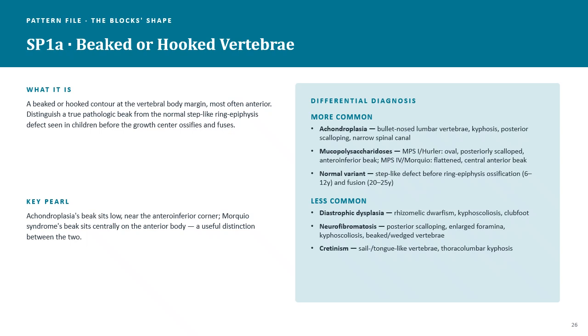So the main thing to remember when you hear the beaked vertebrae terminology is that it's an abnormal projection or a point along the front of the vertebral body, and then look at where the beak is actually located. But age also matters as well, because it could be a normal development process in children.